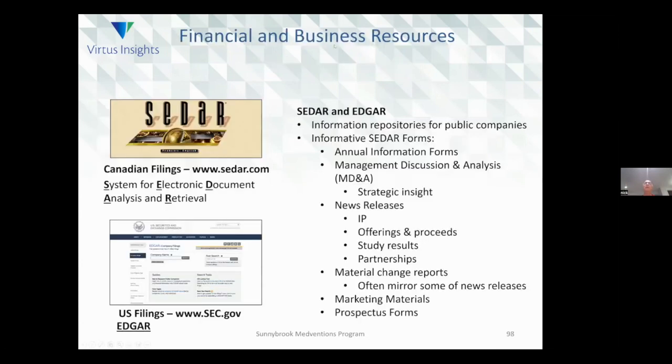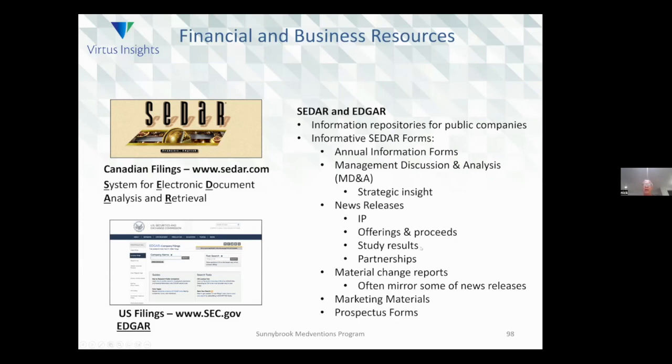There are additional sources to collect data. You heard me say EDGAR and CEDAR. These are information repositories for public companies, and you are able to leverage various information from them to collect strategic insights. There are news releases on their IP, various offerings such as mergers and acquisitions.